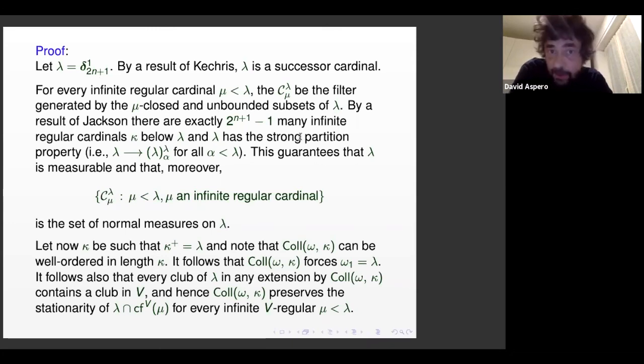There's a partition of omega 1 into this many stationary sets, but there's no partition of omega 1 into more than this many stationary sets.